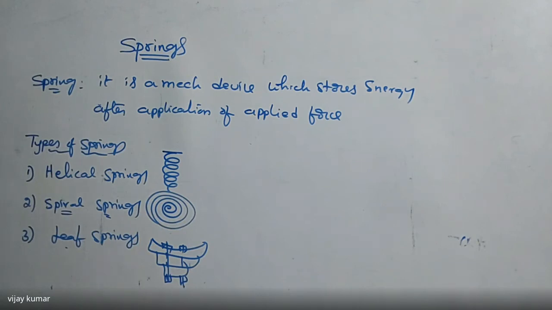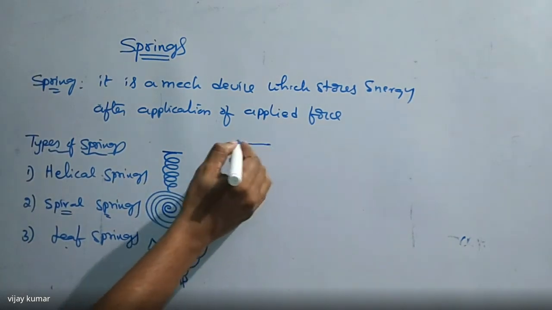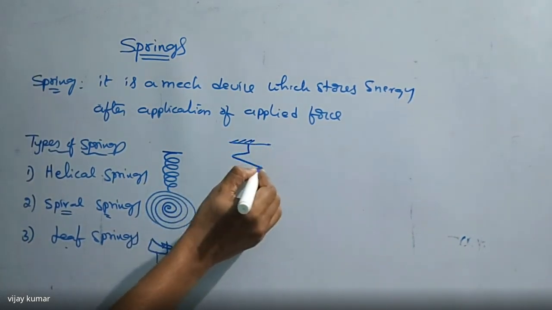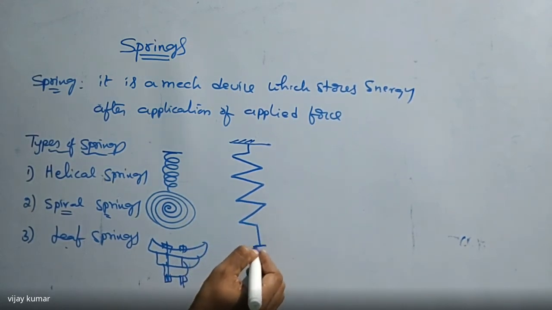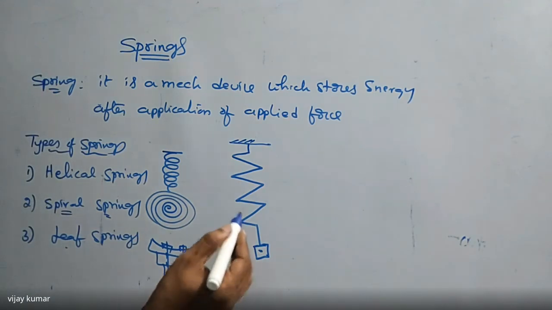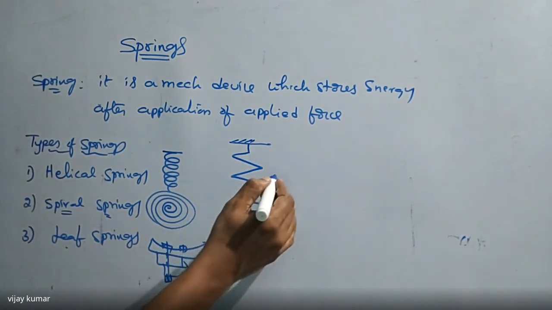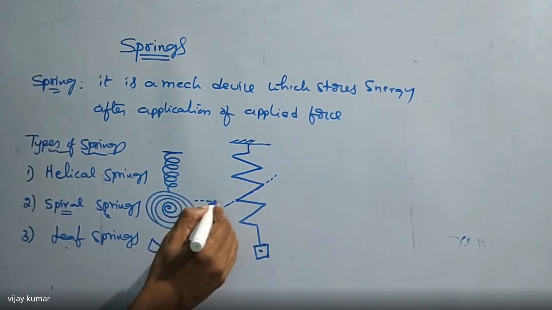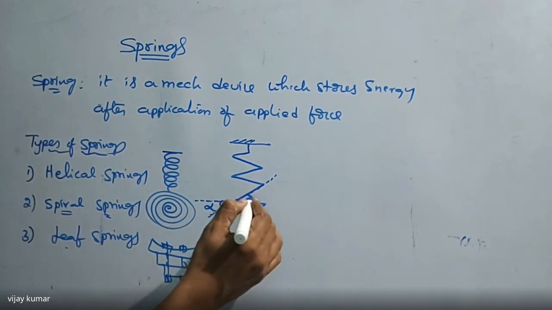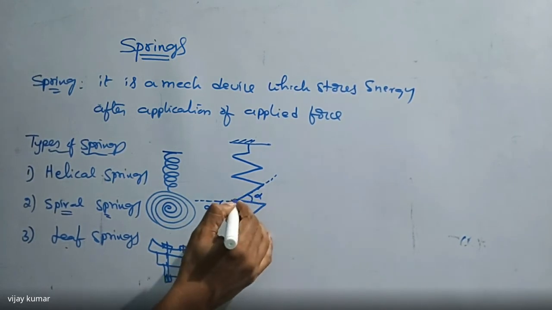So here we are going to discuss the helical springs. Some points are very, very important. Here, this is the helical spring example. This is the load which is acting at the free end of the spring. If you draw a tangent here, this tangent always makes an angle of alpha with the horizontal.